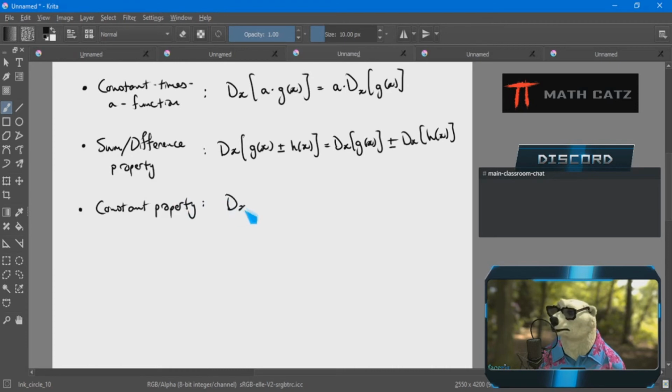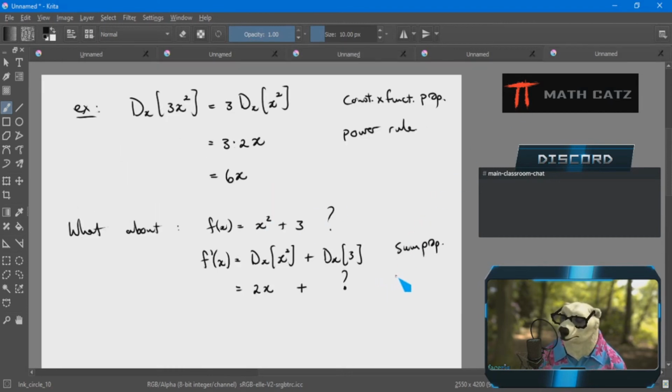It's going to tell me what to do if I just have the function equal to a number. I need a constant property for this one. And of course, for this one, I have the power rule done.